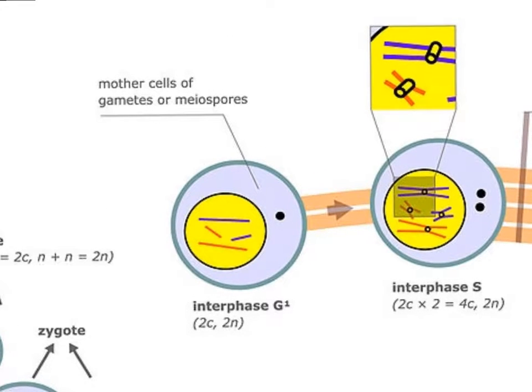In interphase, G1 is what we're doing here. In G1, remember that it's 2N, meaning it's a diploid. And this should actually say 4 chromosomes.